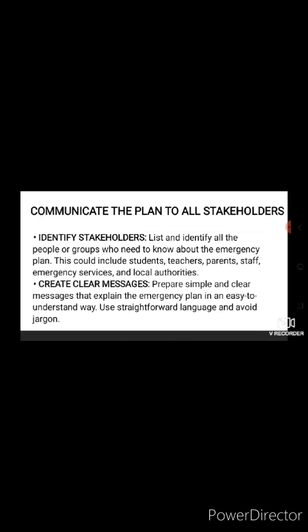So in delivering a message or an explanation about the emergency plan, it must be simple and easy to understand, and in order for the people to understand it clearly, we must avoid using jargon. So jargon is those words that are not common to the people or not easy to understand.